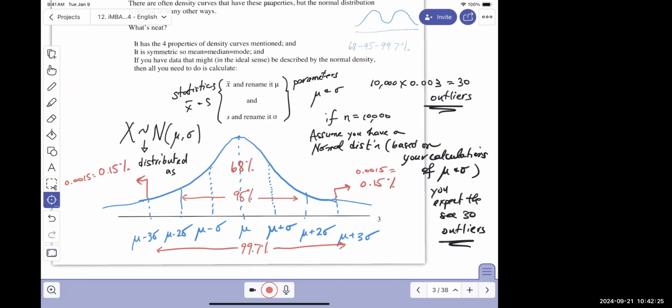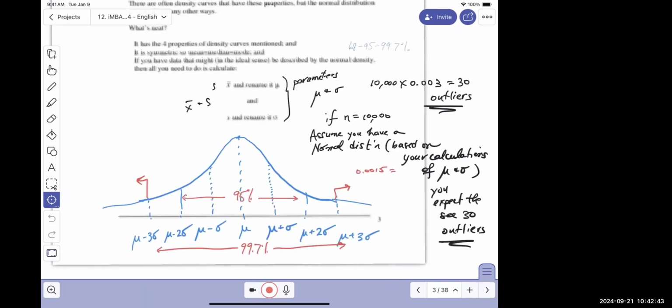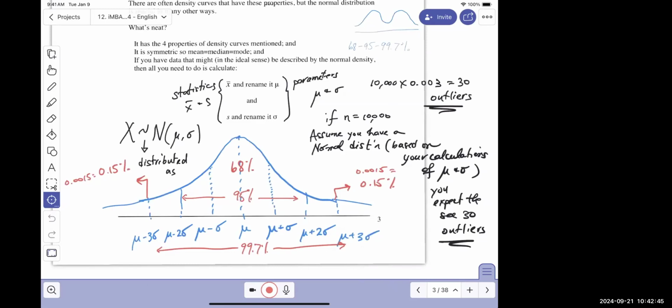Once I say N, the reader should know that it has this layout, 68% in 1 standard deviation, 95% in 2, and 99.7 in 3. Did you need to copy that? So we do that because once we know it's N, then all we need is the mean and the standard deviation to be able to make estimates.